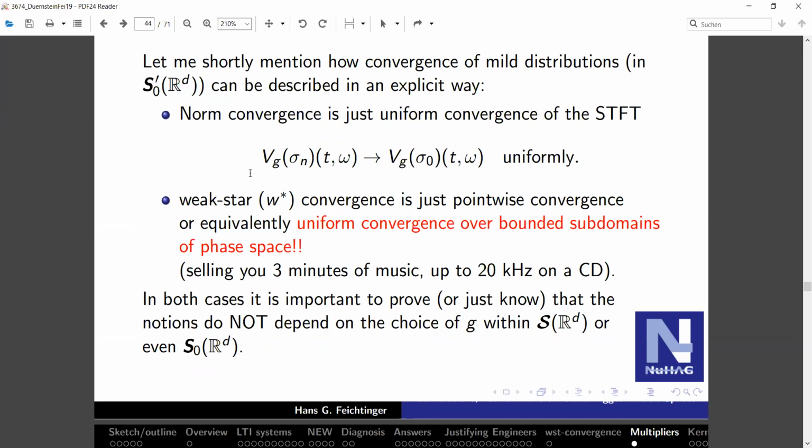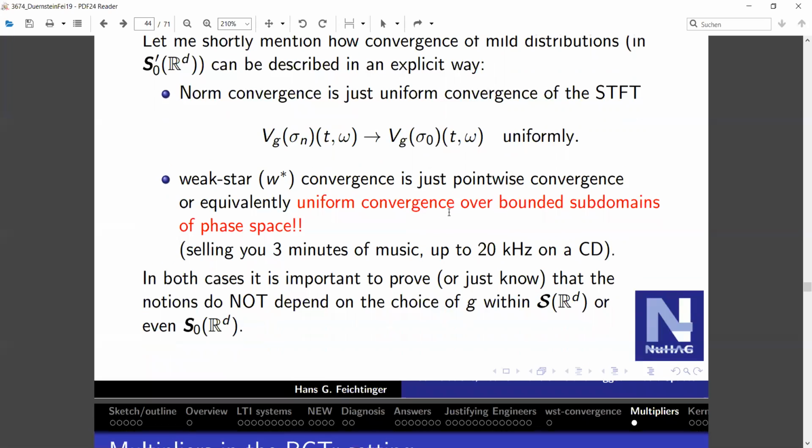Your piece of music should be reproduced almost perfectly in the area of interest, which is your 3-minute interval of time for the piece of music, and the frequency range from 0 to 20 kilohertz. And thanks to Shannon, we have all the information that we can hear with our auditory system, because no human being can hear anything beyond 20 kilohertz. Actually, you're lucky if you're still hearing more than 12 kilohertz, which probably I will not do anymore.